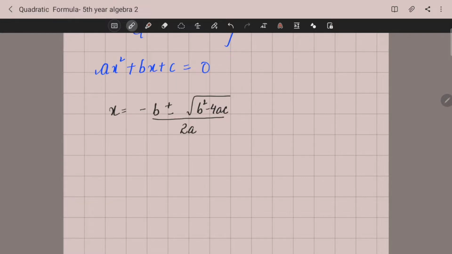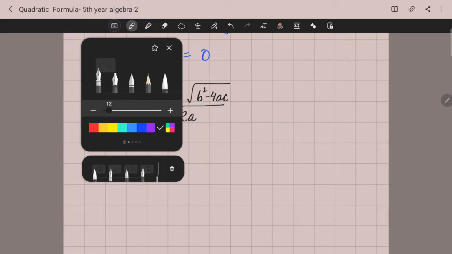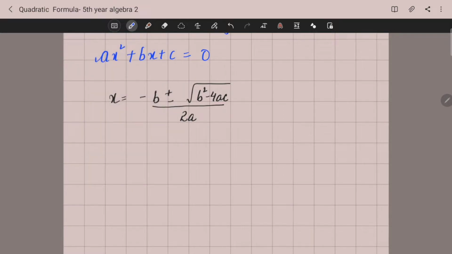This is the quadratic formula. We have to learn this while using it in questions. Like one question is given to us and we will solve that question with the quadratic formula.